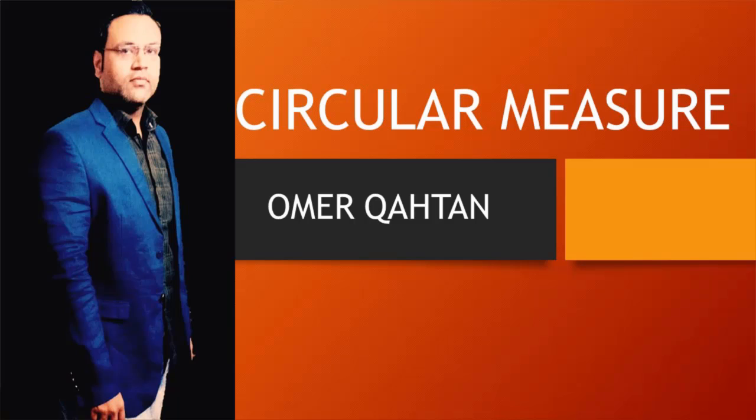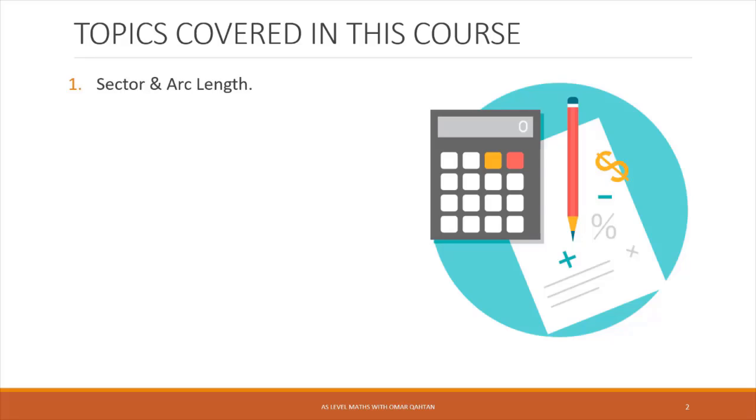This reading is based on circular measure and will cover the most tested concepts in the GCSE, IGCSE, CAIE, OCR, Edexcel, International Baccalaureate and more. Main topics in this reading are as follows: finding the sector and the arc length of a circle, finding the area of a triangle, finding the area of a segment.